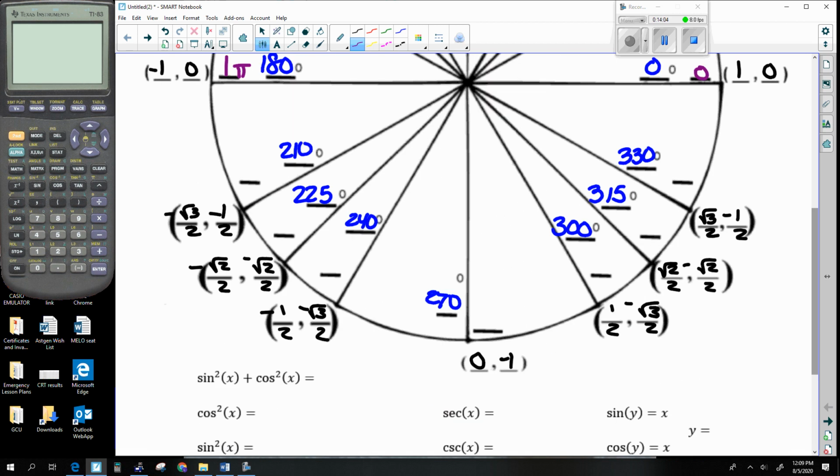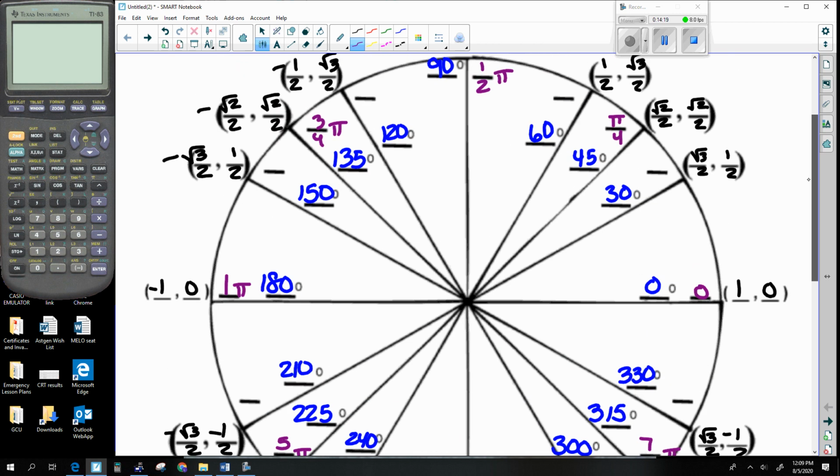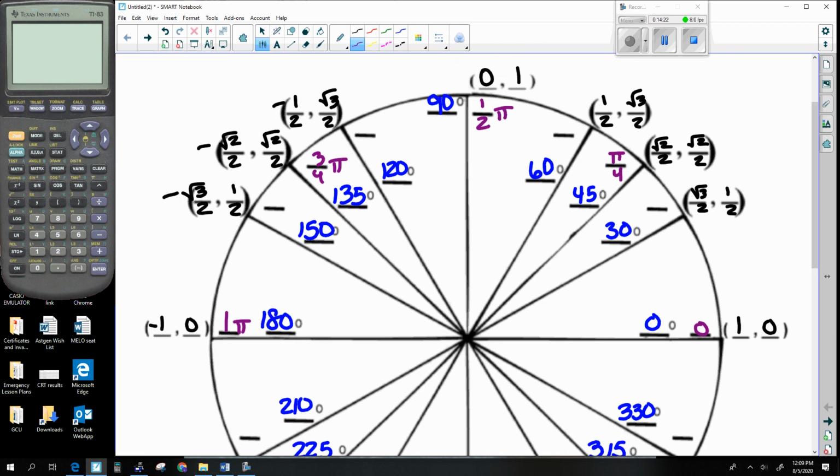Continuing the 45s all the way around. 4/4, 5/4, 6/4, 7/4, and 8/4. Okay. Those are those.